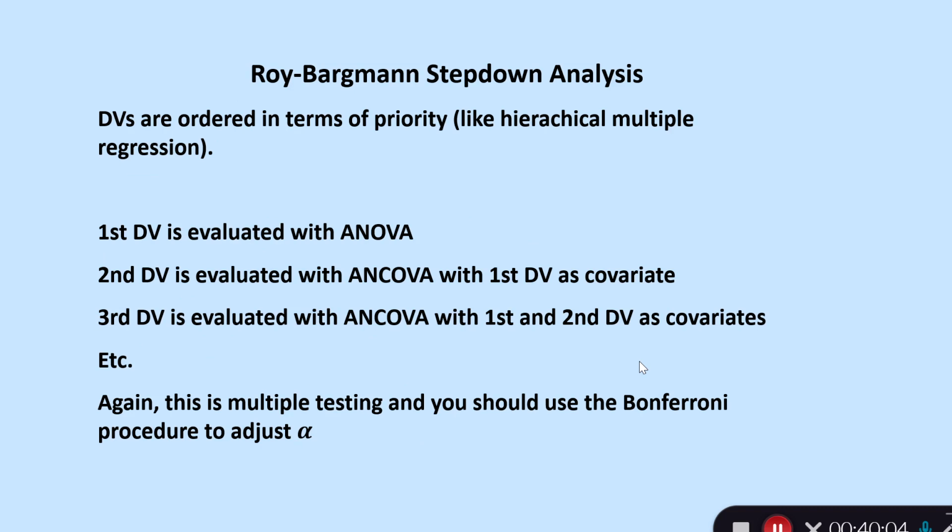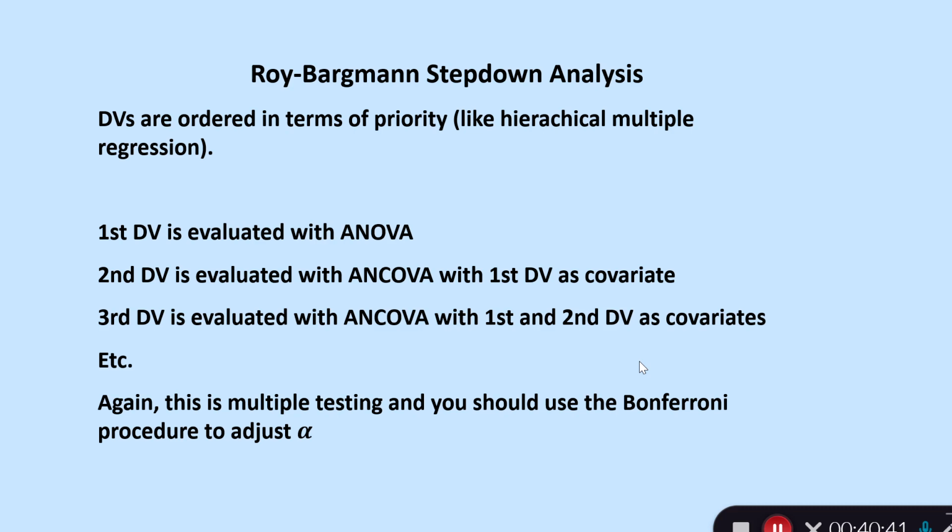Okay, so the second approach to assessing the contribution of DVs is to use what's known as Roy-Bargman step-down analysis. To do this, basically, you take your dependent variables and you order them in terms of priority, like when you're doing hierarchical multiple regression. This is a decision made by the researcher, which are the most important DVs, which should go in the model first, which second.